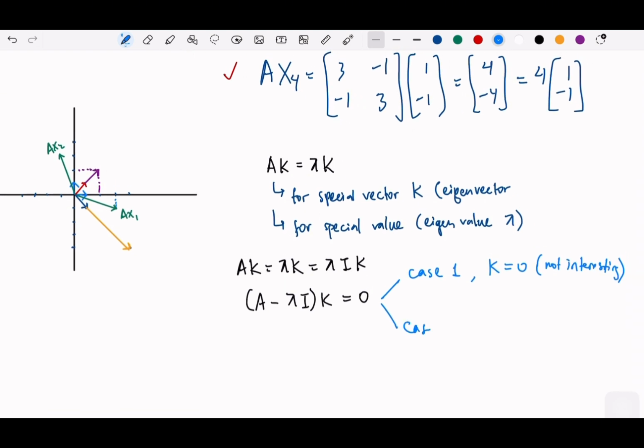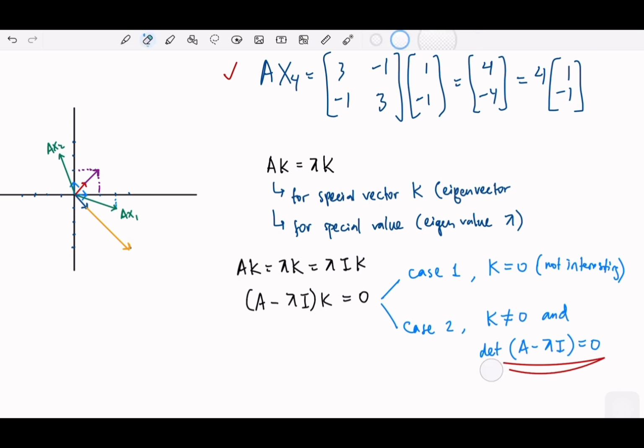And case 2 is we are going to have k is not 0 and the determinant of A minus lambda I will be 0. And this will be our important point. So the determinant of this will be 0. We are going to see how it looks like, but let me just write this first.